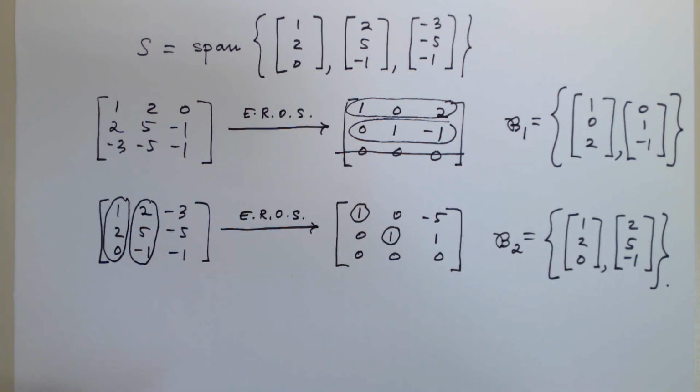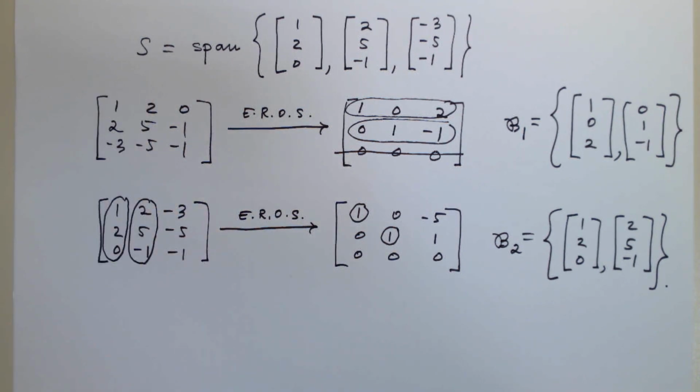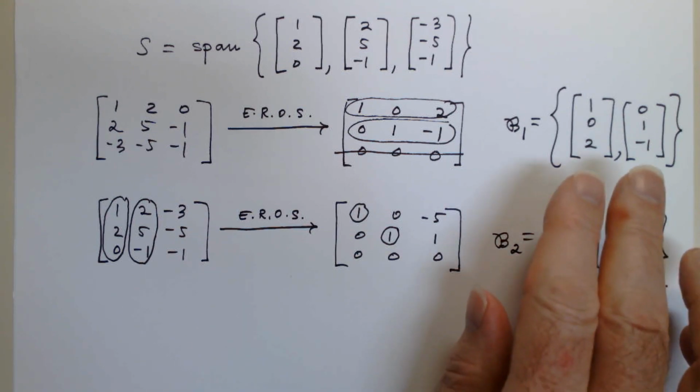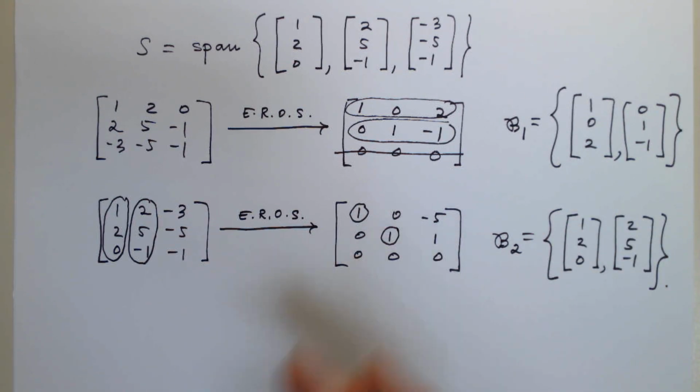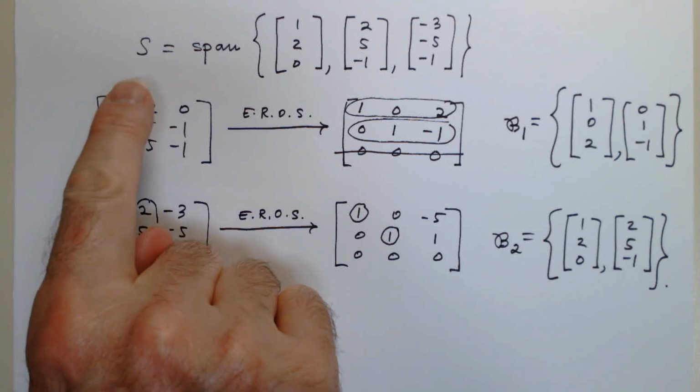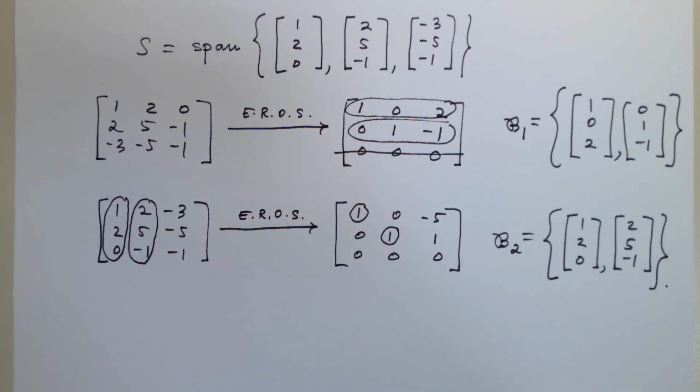But what's interesting is that in both cases, the basis consisted of two vectors. And what our next theorem is going to tell us is that no matter how we would try to construct a basis for S, it would always consist of two vectors. So let's go back to the class notes and look at that theorem.